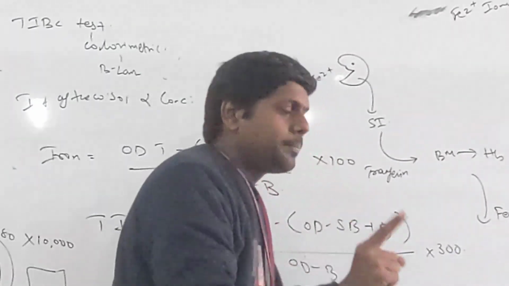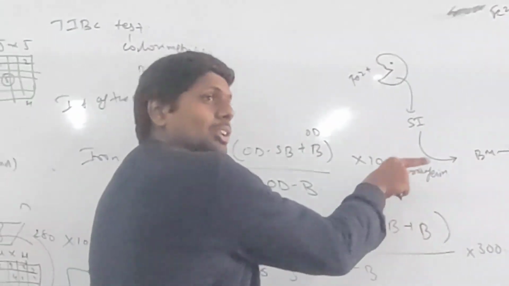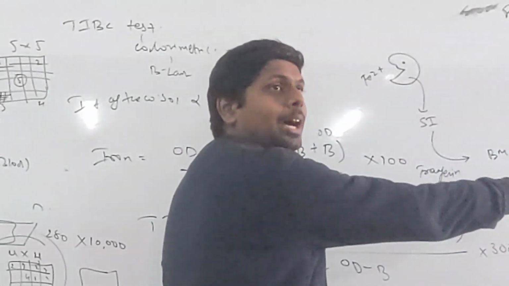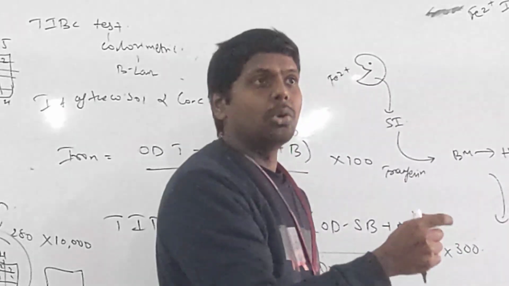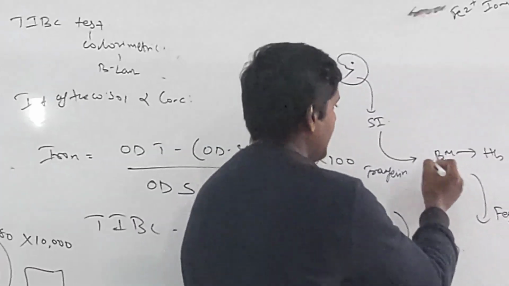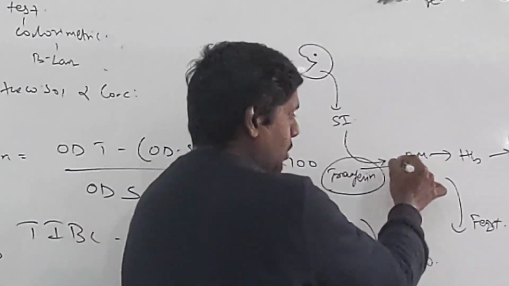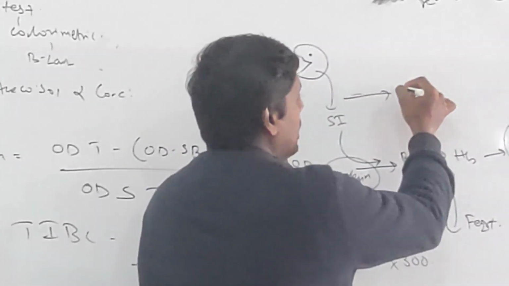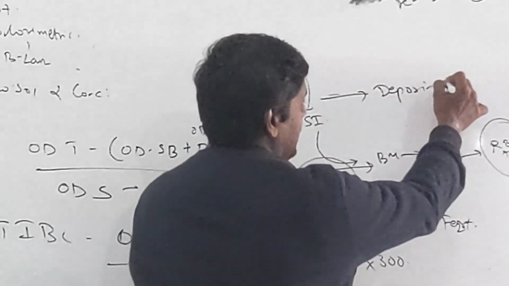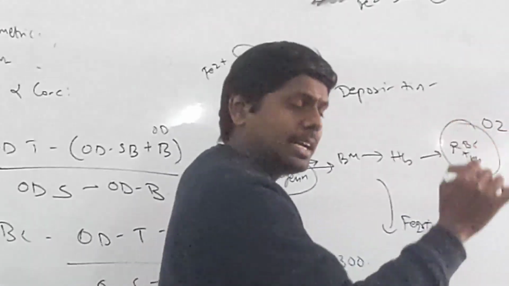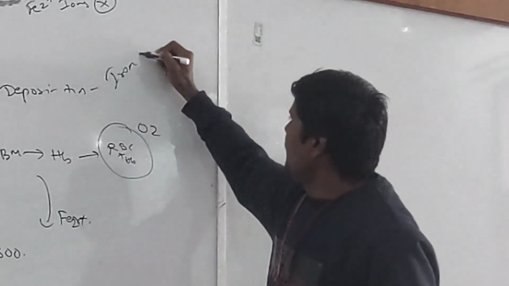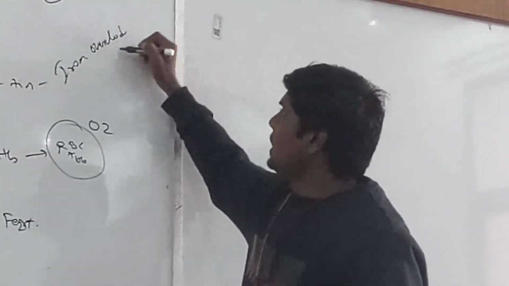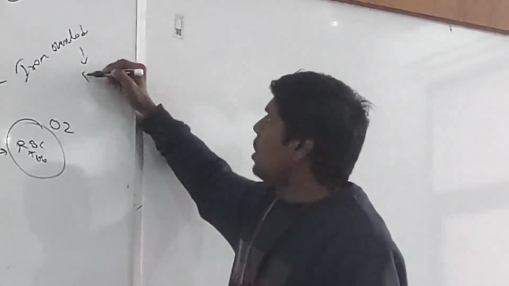When the iron is not transferring to the bone marrow, this iron will be deposited in the tissues. That will cause a condition called iron overload. This iron overload will cause iron toxicity.